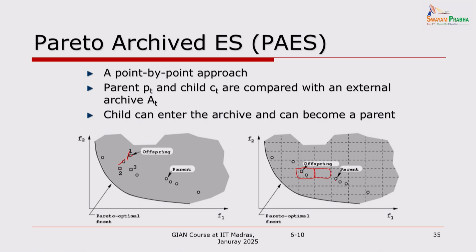They see which grid the parent lies in, how many individuals it shares that grid with, and how many individuals the offspring shares its grid with. If the offspring is sharing with a smaller number of points in the grid, then the offspring is accepted and the parent is deleted, right? Again, the diversity preservation is here and the importance to non-domination is here. You need both of those things in order for an algorithm to work. This is a bit slow, and not many people use it this time, but it has very good citations as well. I mean, all over 5,000.